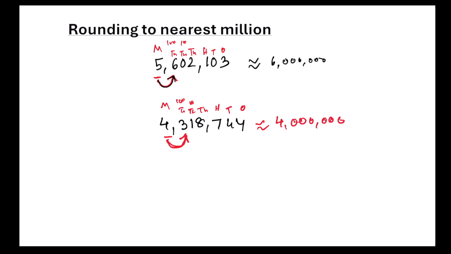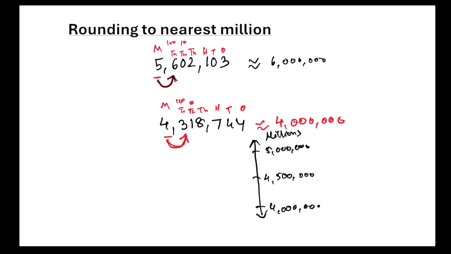And let's do the number line, the huge number line in millions. This is 4 million. This is 5 million. In between, 4,500,000.